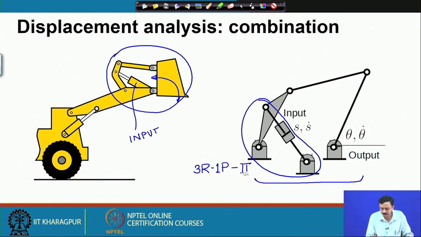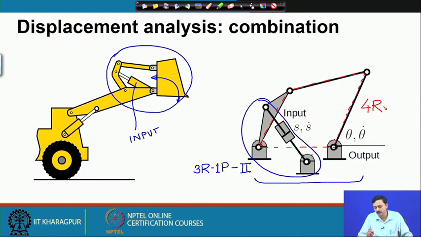And if you look at this mechanism, this is a 4R chain.